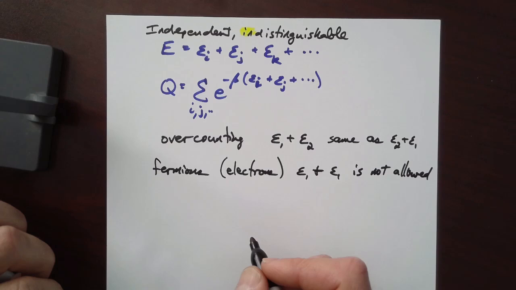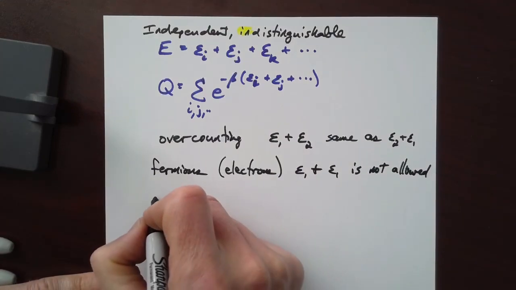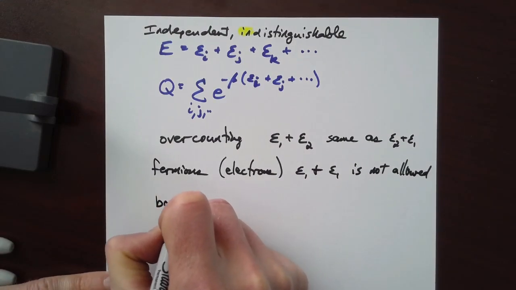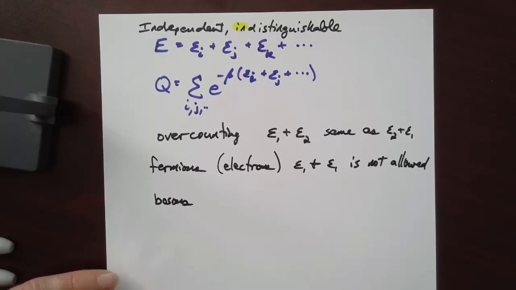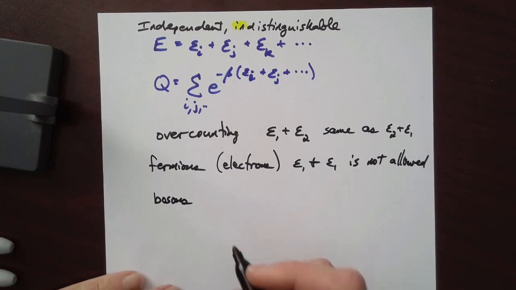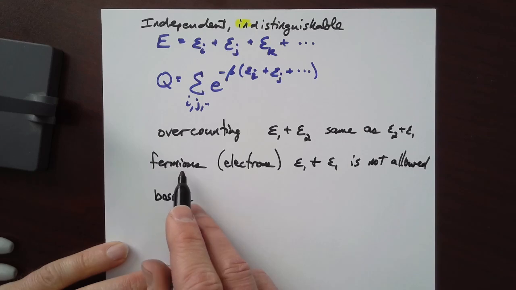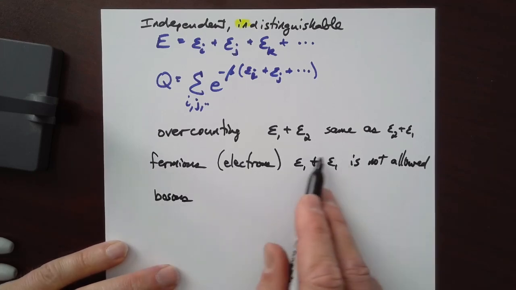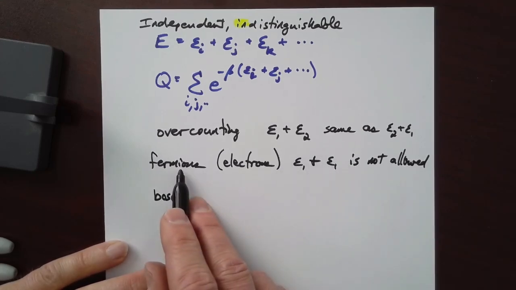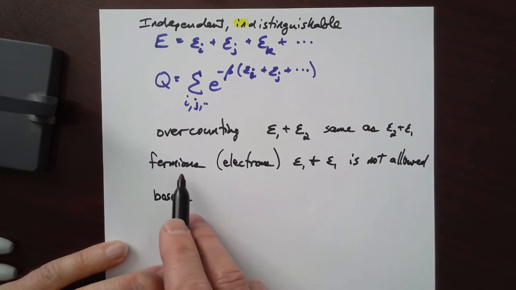For bosons, so bosons would be like, photons are bosons. The Higgs boson, that's a boson. But they follow, so fermions follow Fermi-Dirac statistics, which is what gives you this. So fermions obey the Pauli exclusion principle.